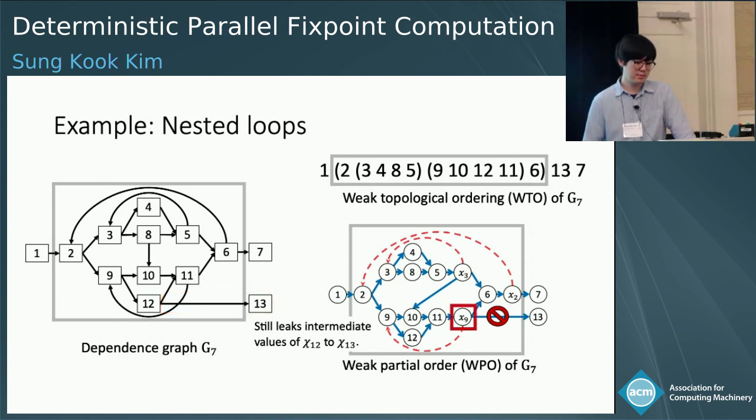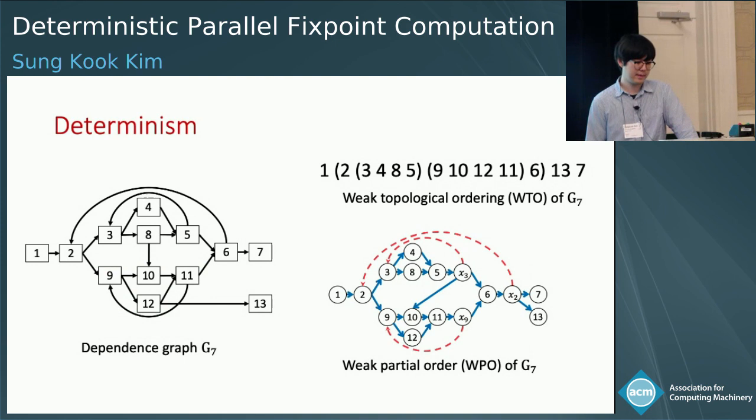This is because this exit checks the stabilization for this nested loop, but 12 is inside this larger loop. So check failure at the exit 2 will make it iterate the loop again and re-execute 12, invalidating the previous value. So the correct constraint is from exit 2 to 13.